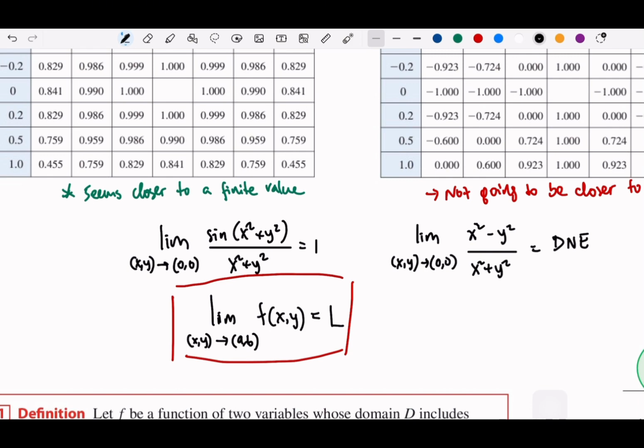Of course, we need to have all in the same domain of f, okay?